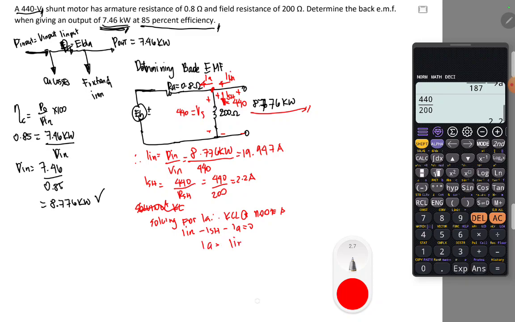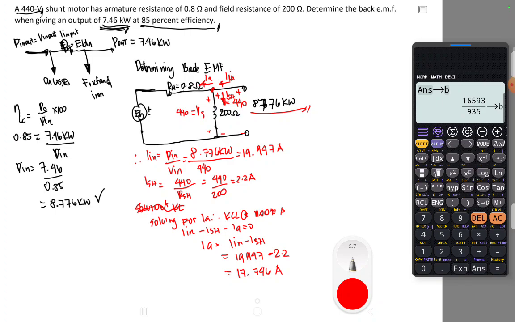So therefore IA is equal to I in minus ISH, which is equal to 19.947 minus 2.2, which will yield 17.746 ampere. So shift store at B. Okay, so from that we already have our IA.